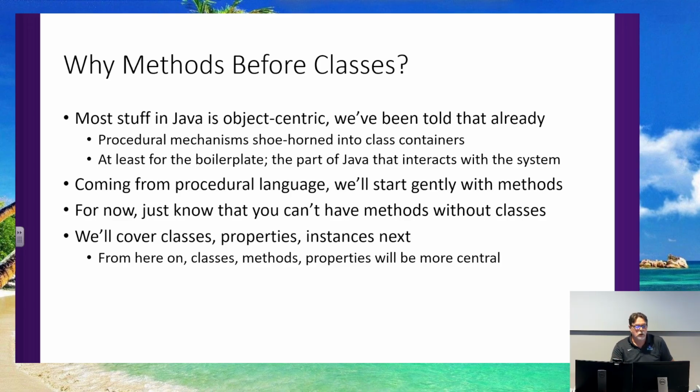But like I said, it just always has seemed kind of contrived to me, because I learned procedural first, and then I saw how they shoehorned the object stuff in there later.